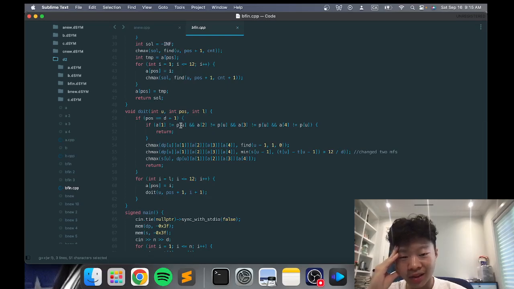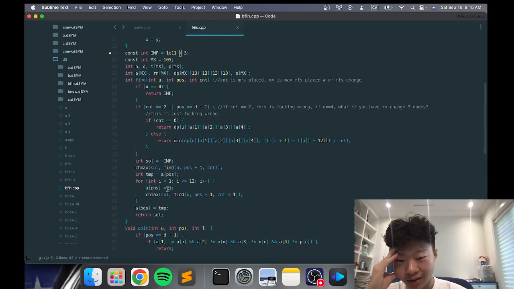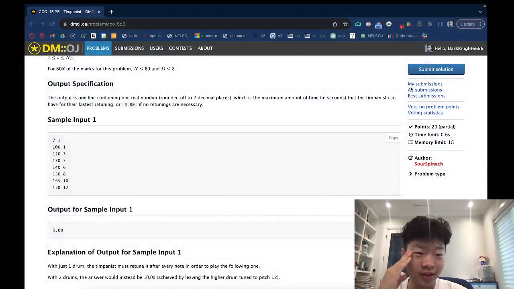There's a lot of optimizations you can do, which gets this question under the time limit, but it's a lot of annoying optimizations. This is if the drums are good, if boom, I don't even know, and then boom it again. Yeah, okay, my code is kind of bad.